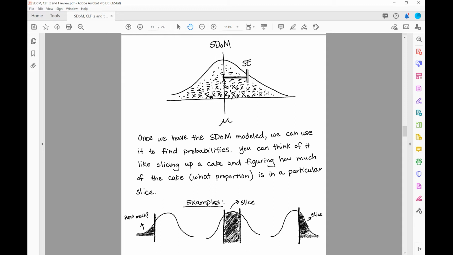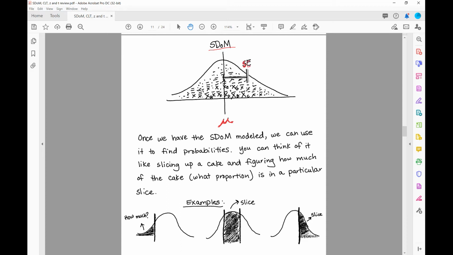So we've got our sampling distribution of means. We can figure out the mean of it based on the mean of the population. We can figure out how wide it is.